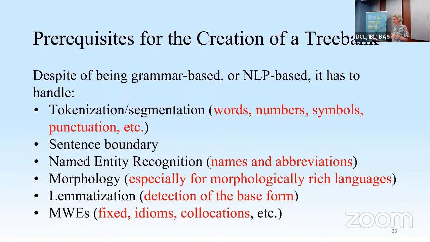Initially. But at some point, if you don't have good resources for your language, it becomes crucial. I mean, you can have something initial, but you cannot have a really good model without resources for your language.